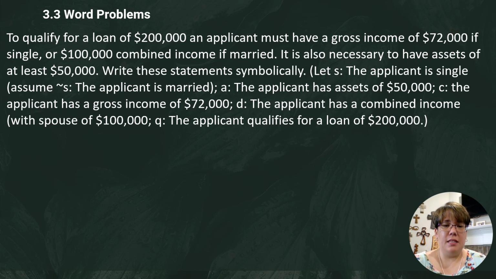Assume not S, the applicant is married. A, the applicant has assets of $50,000. C, the applicant has a gross income of $72,000. D, the applicant has combined income with spouse of $100,000. Q, the applicant qualifies for a loan of $200,000.